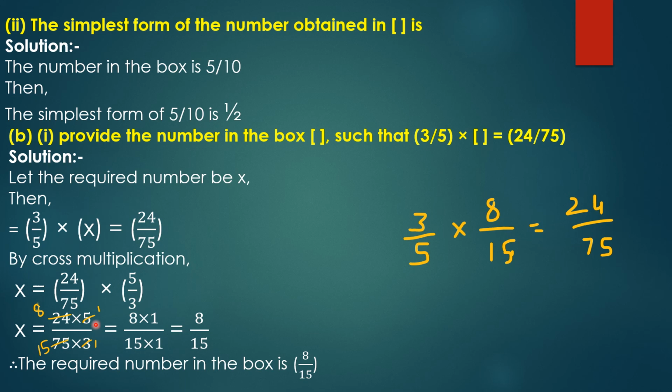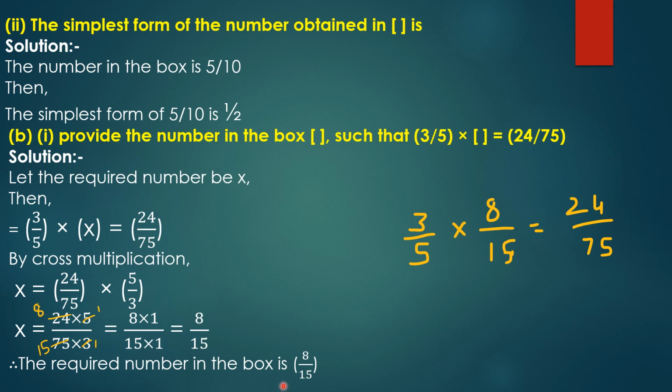Okay, now 5 ones are 5, 5 fifteens are 75, and similarly 3 ones are 3, 3 eights are 24. Therefore the answer is 8 into 1 divided by 15 into 1, which is equal to 8 by 15. Therefore this is the required number in the box.